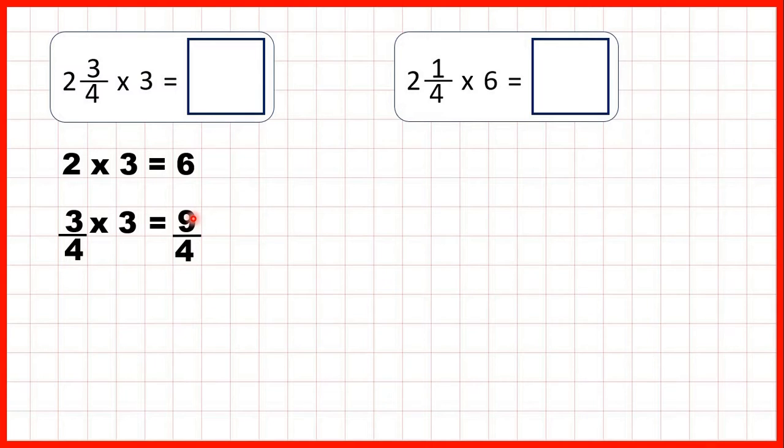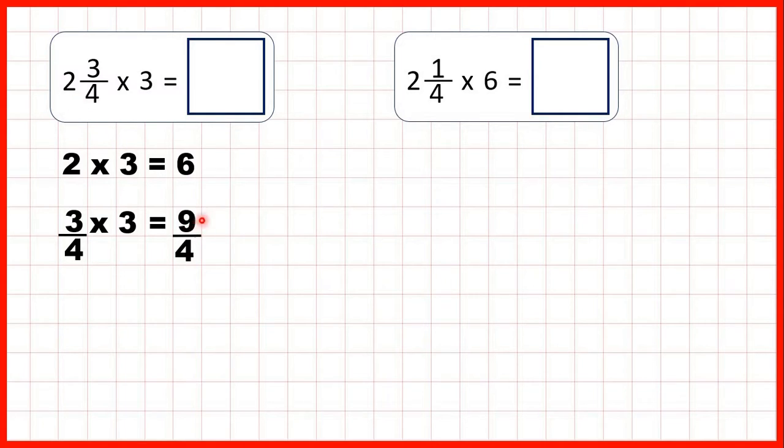But that's an improper fraction. We have a numerator which is larger than the denominator. So we can't write 6 9/4 as our answer because we can't have an improper fraction in a mixed number. We can't have a fraction where the numerator is larger than the denominator if we have a mixed number.